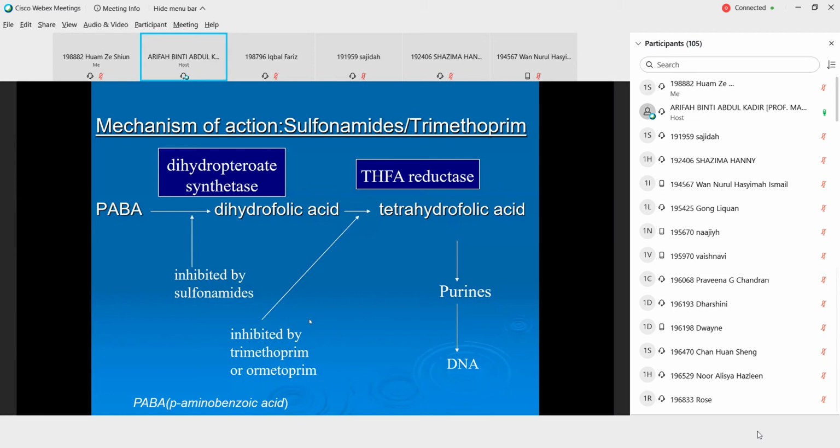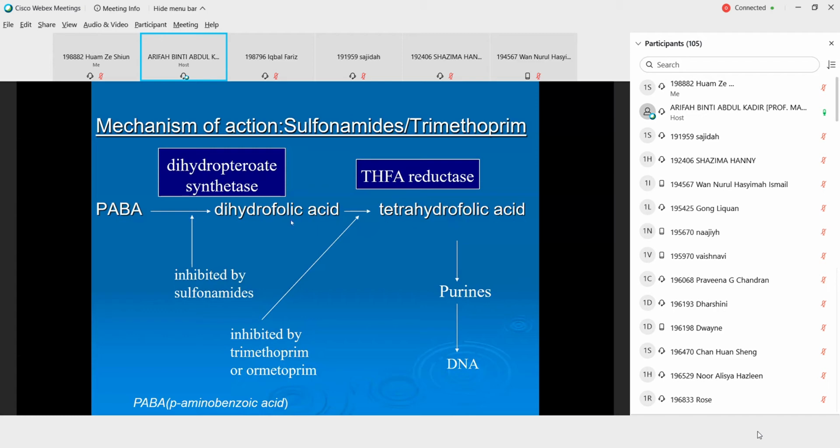It inhibits tetrahydrofolic acid reductase. This is the enzyme that is responsible for the conversion of dihydrofolic acid into tetrahydrofolic acid.